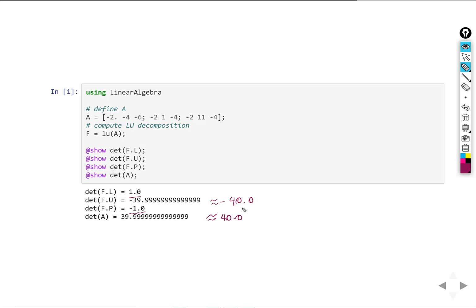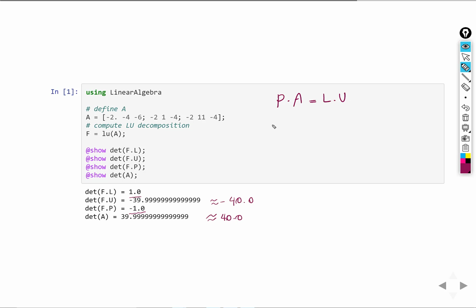So a remark here is that in general, when we compute the LU factorization in Julia, we have P times A equals LU.